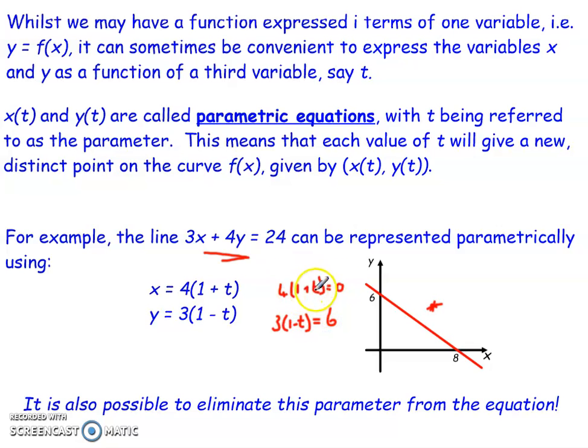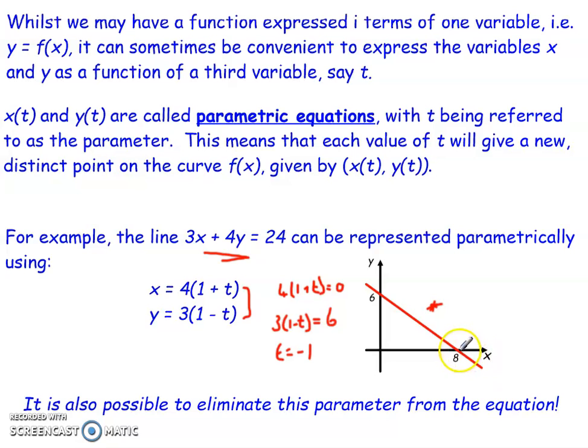If I was to work these out, what I'd end up getting is the same value of t, because at that point I'd be able to represent this coordinate using that. If I were to work out both of these little equations, I'd get that t equals negative 1. So if I was to pick the parameter t equal to negative 1 and substitute it into this, I would get the coordinate (0, 6).